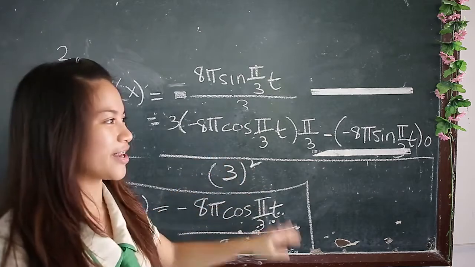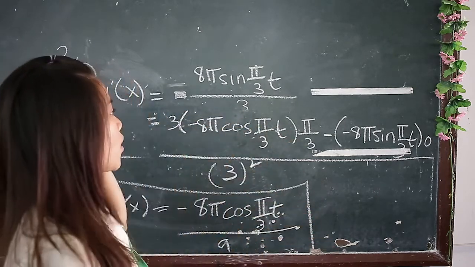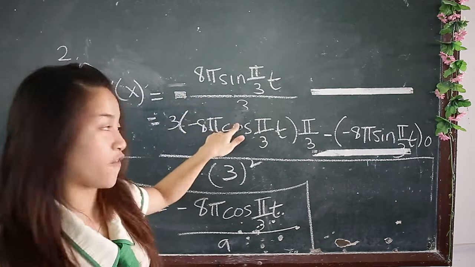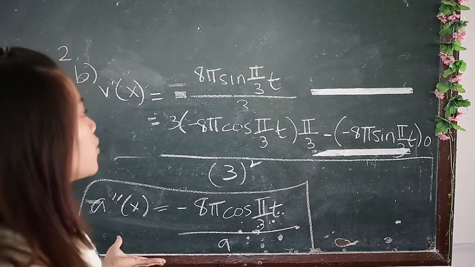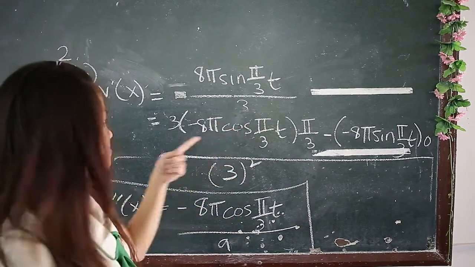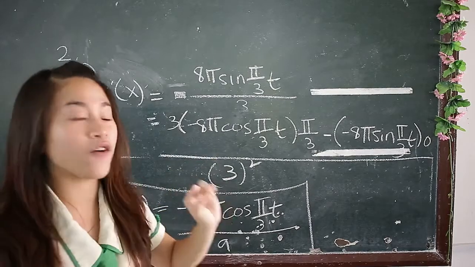As you can see, we can apply the quotient rule. So this is the u and this is the v. In order for us to apply the quotient rule, we are going to copy the v first. And then we are going to find the derivative of u.